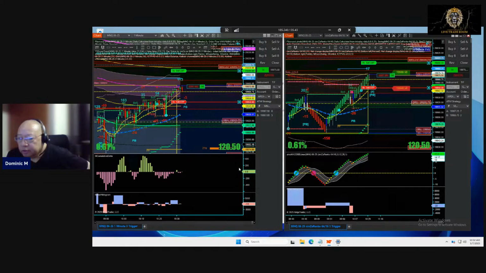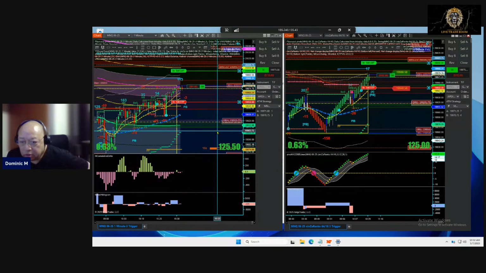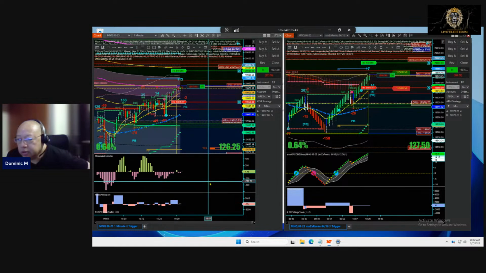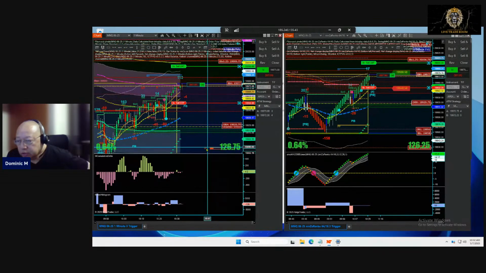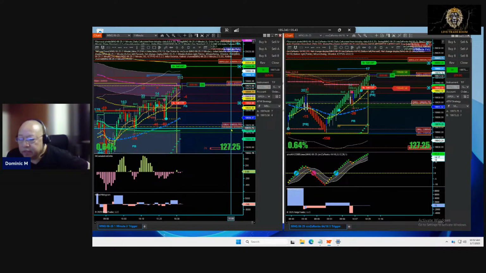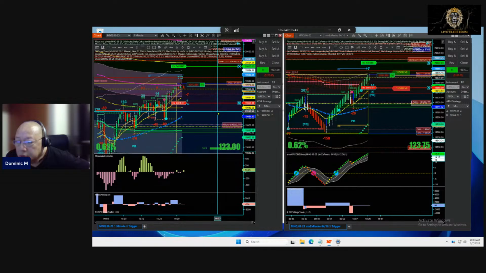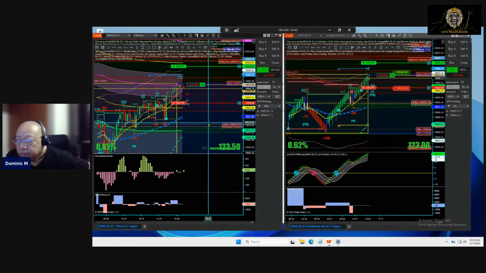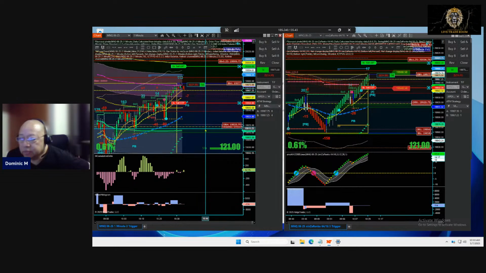Let's see if this closes as a red bar. See, it just pulls back. You want to see where the bar closes. We have 9 seconds on this 1 minute bar, and we're going to be finishing above that green, which is good. Let's see. There it is. Not really. Slightly low. Let's see what's going to happen here.